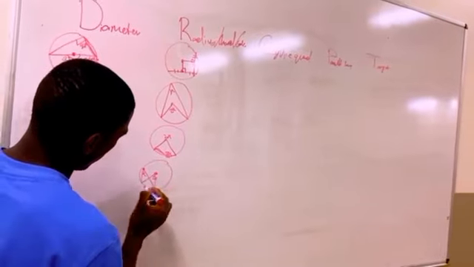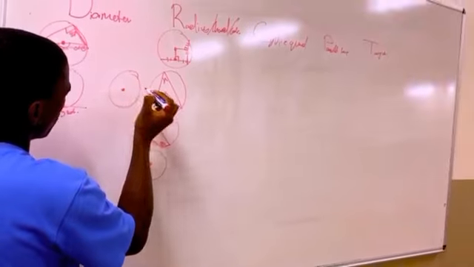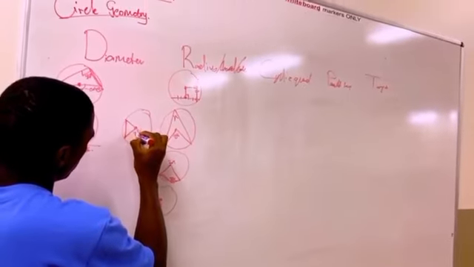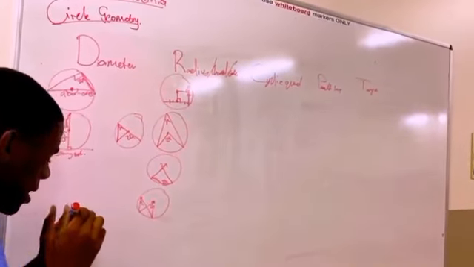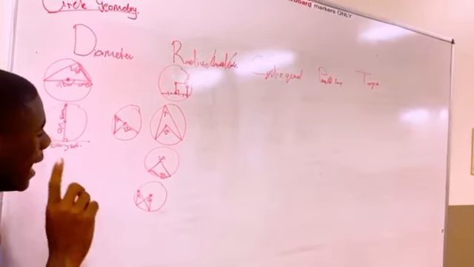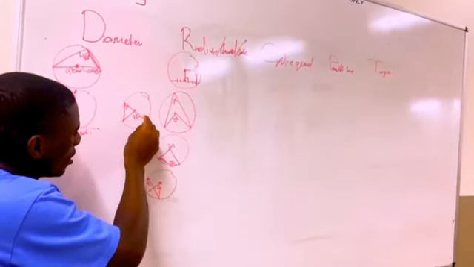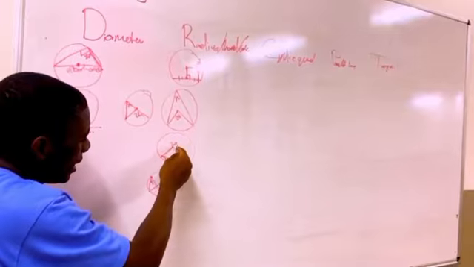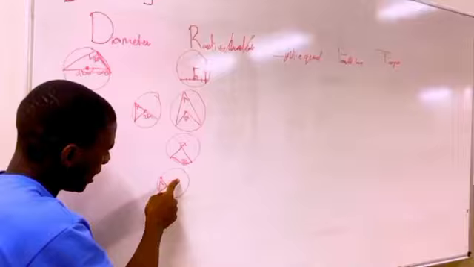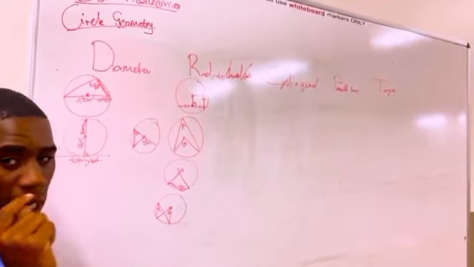Then we have another one, which is this one, 2x and x. And remember that in angle at center, I said the 3 vertices must be at the circumference: 1, 2, 3, 1, 2, 3. And one must be at the center, so that angle at center can be applicable.